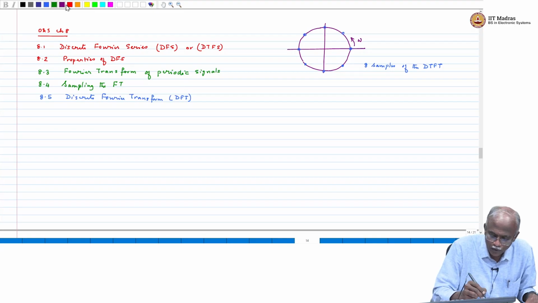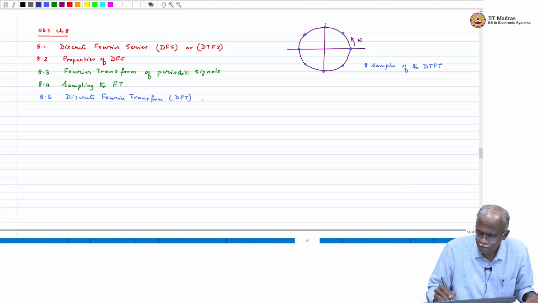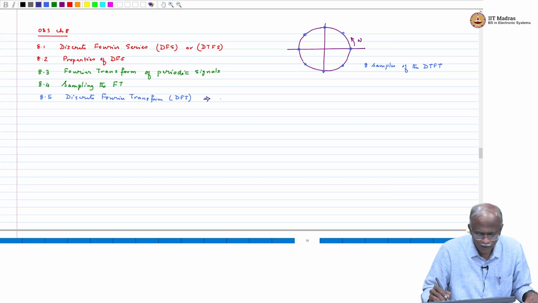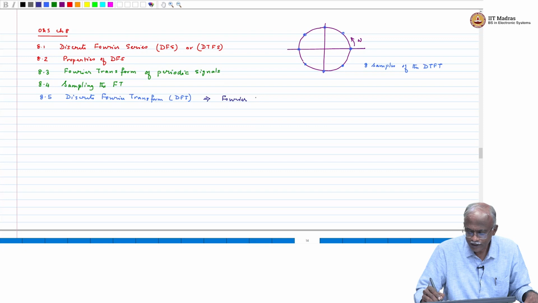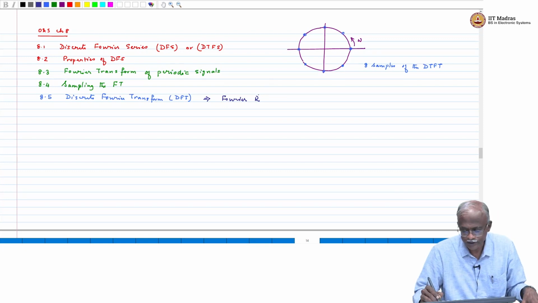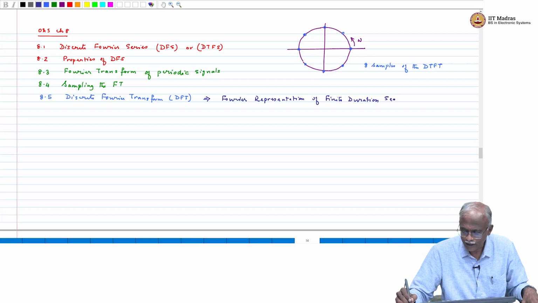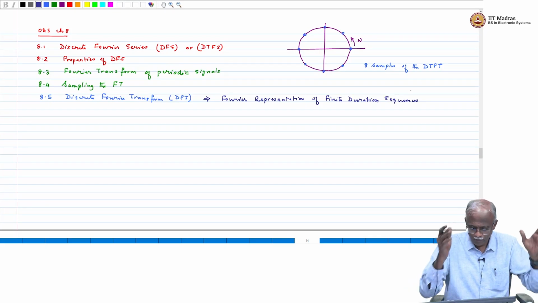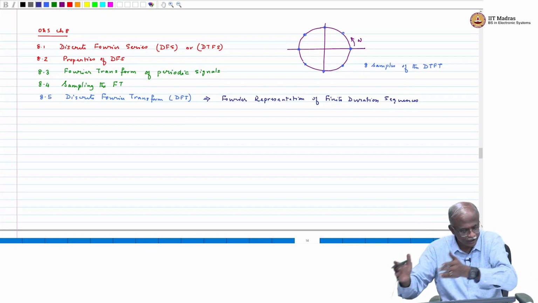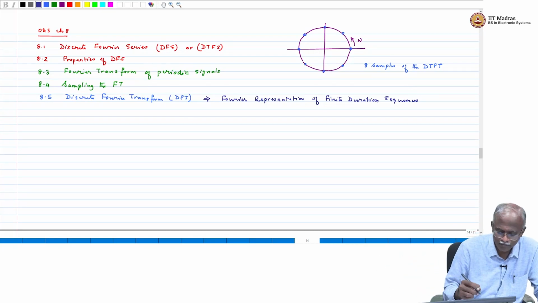Basically, the discrete Fourier transform is the Fourier representation of finite duration sequences. So basically we have a finite length transform for a finite length sequence. That is what a DFT is.